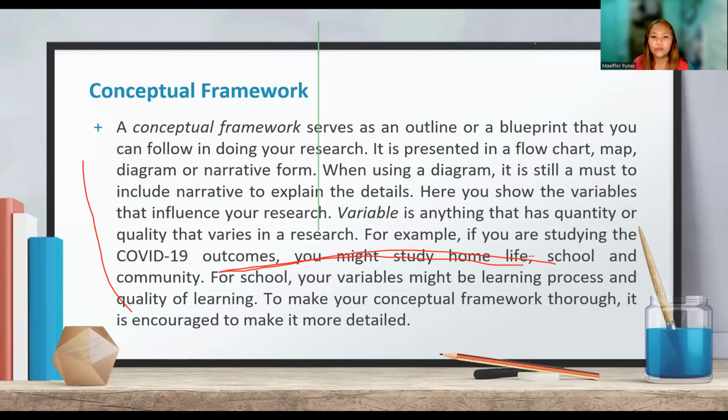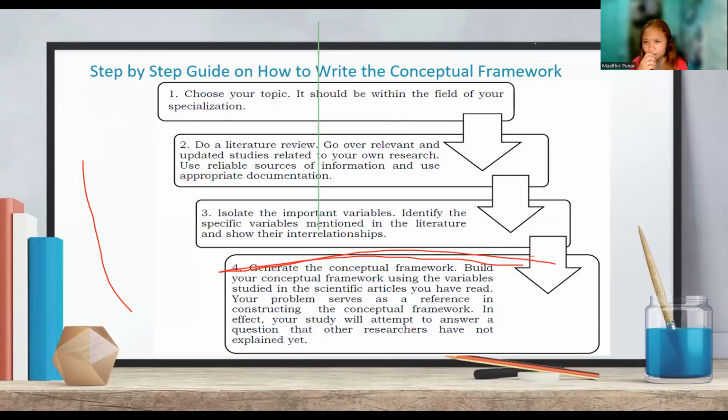So to make your conceptual framework thorough, it is encouraged to make it more detailed. So this is the step-by-step guide on how to write the conceptual framework. So first is choose your topic. It should be within the field of your specialization. Second is do a literature review.